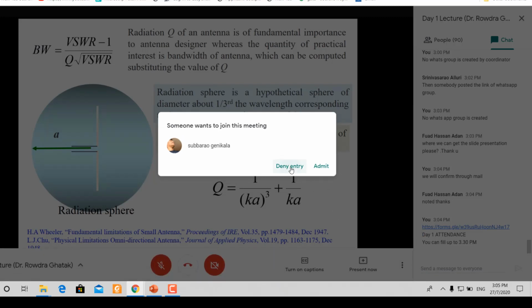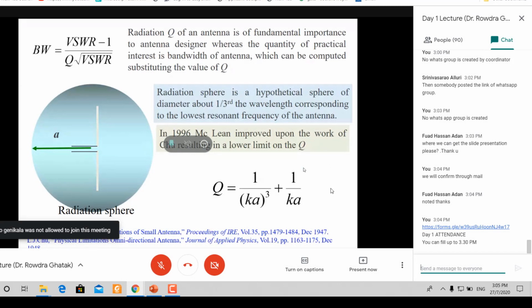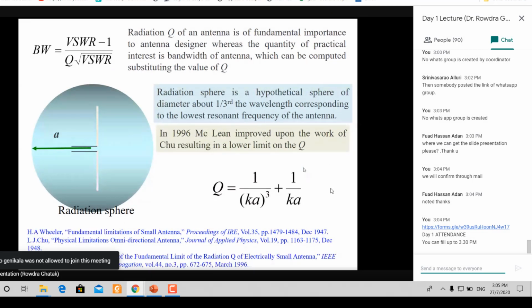The measurement of quality factor is very important for predicting the bandwidth. You have gone through this particular relation when you studied microstrip antennas: VSWR minus 1 over Q into VSWR, root of VSWR. This information of Q, where to get it? The precise bandwidth prediction will depend on this. Suppose the frequency is 1.8 gigahertz, and you have a designed antenna system, a complex resonator system, which has 1.8, 2.1, 3 and 2.4.